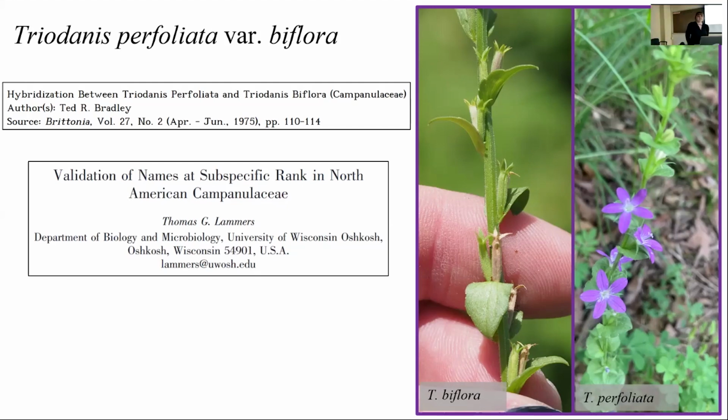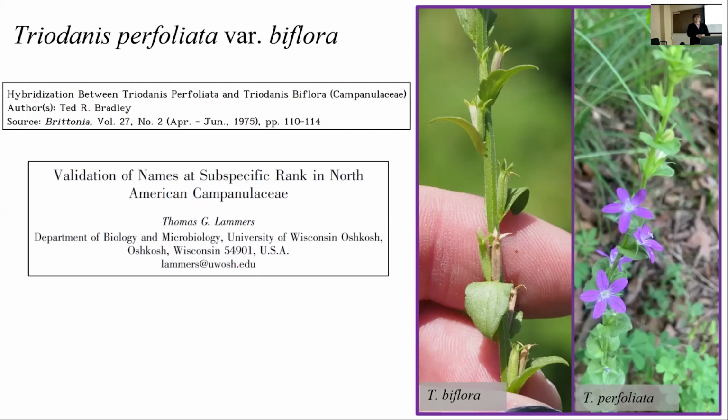And then it wasn't until Bradley here in 1975 kind of revisited those relationships. And he used a really comprehensive experimental morphology and hybridization study. And he concluded that he thought Biflora and Foliata kind of represented 2 populations that are incompletely separated reproductively. And then he classified Biflora as a variety of Foliata.